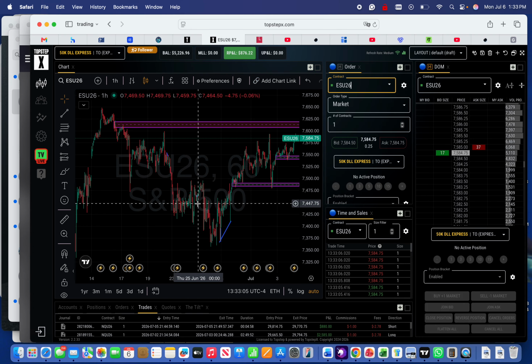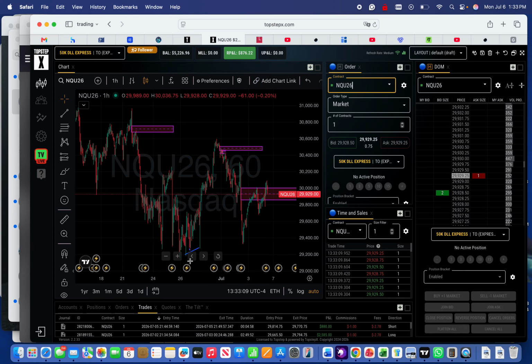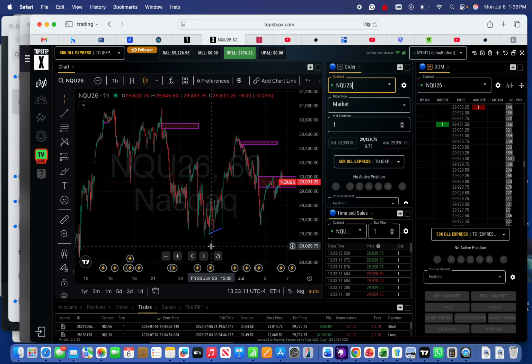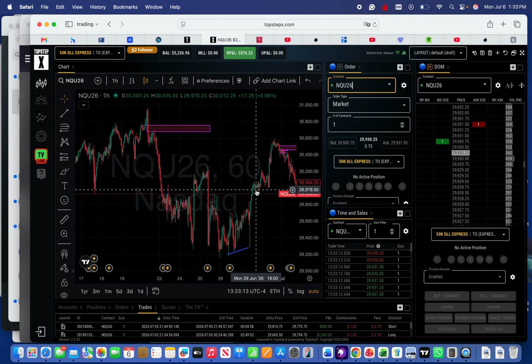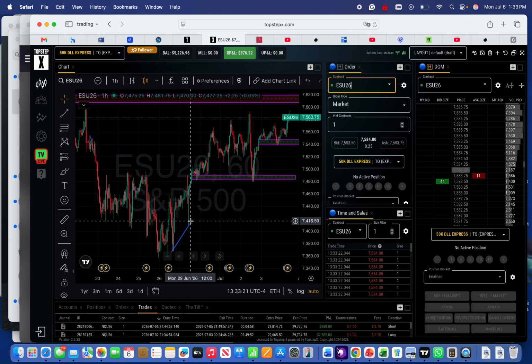Okay. Now, you can see that NQ is the one lagging here a little bit because off these two candlesticks right here, you can see that NQ went a little bit lower while ES went higher.